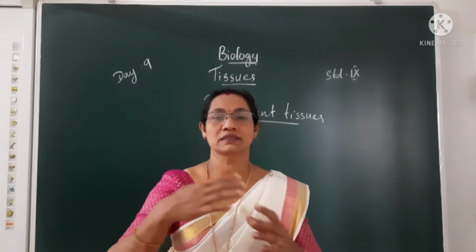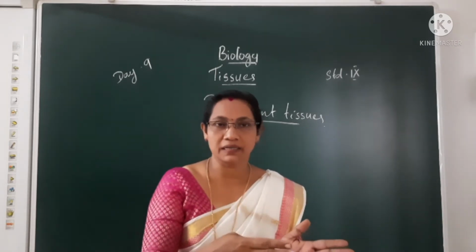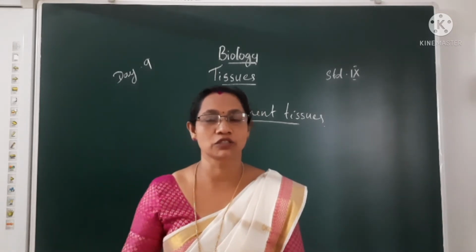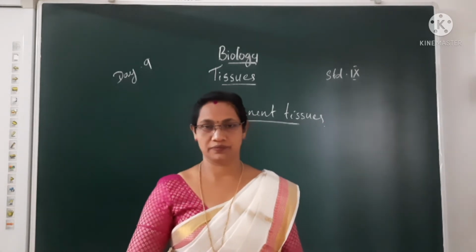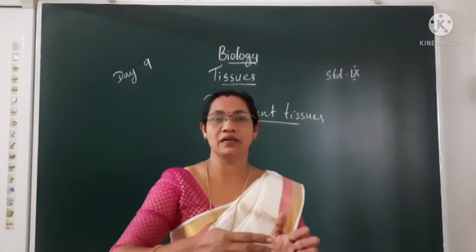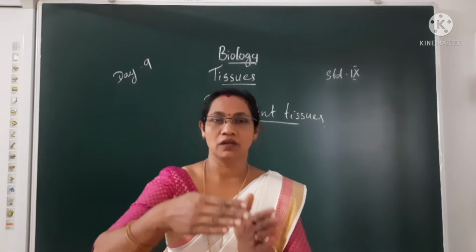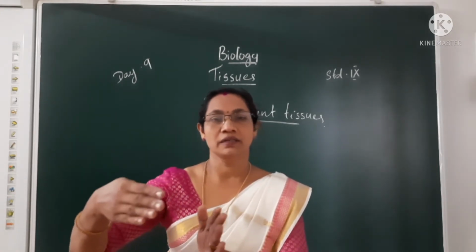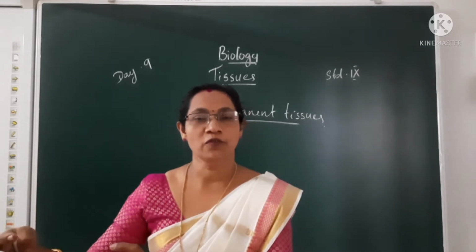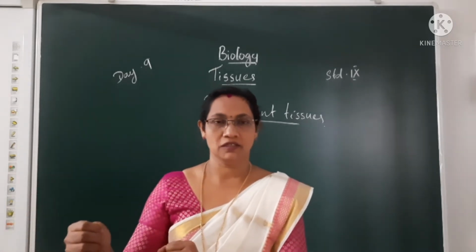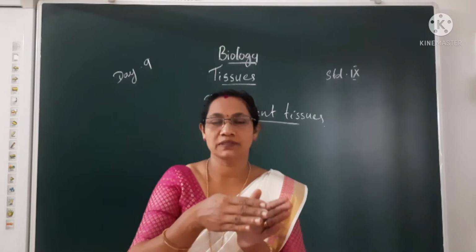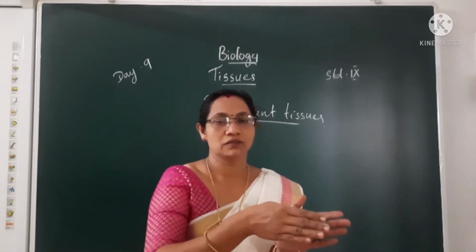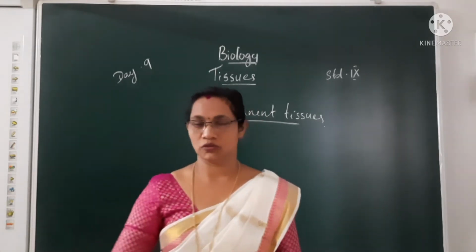After a certain period, meristematic tissues change into permanent tissues. At that time the meristematic tissues lose the ability to undergo cell division, and they begin to perform one particular function. So there is a change of cells from meristematic to permanent tissues.